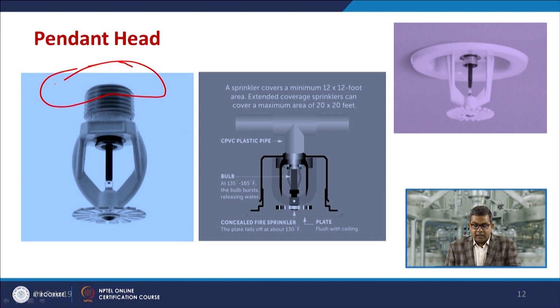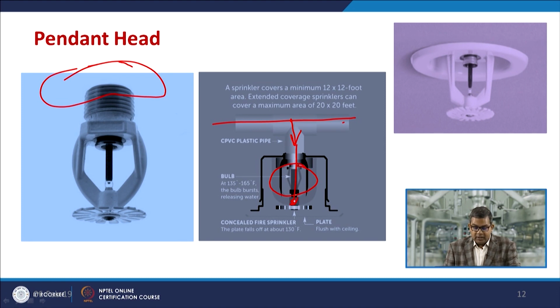Now here is the anatomy of this pendant head. This is the water supply line, usually CPVC plastic pipe. Nowadays we are using this CPVC pipe, plastic pipe. Now here is the bulb. When the bulb bursts, there is a release of water.